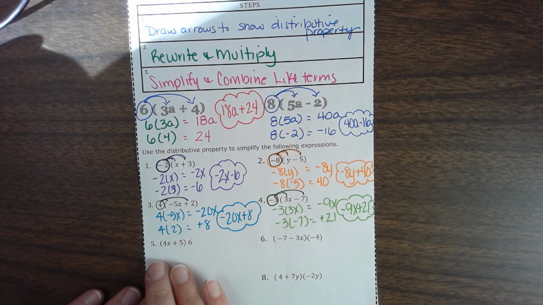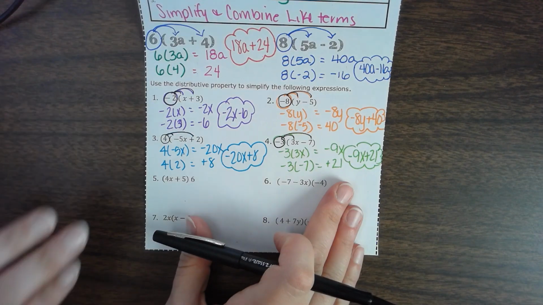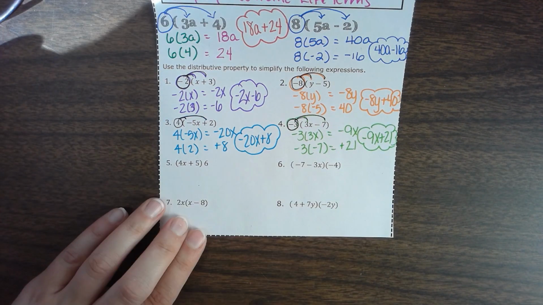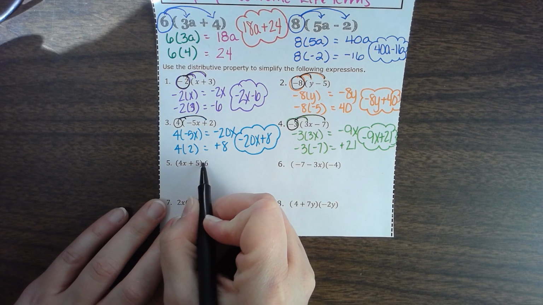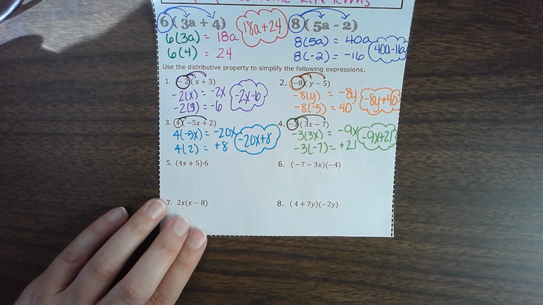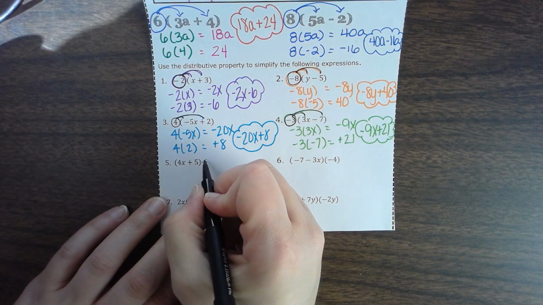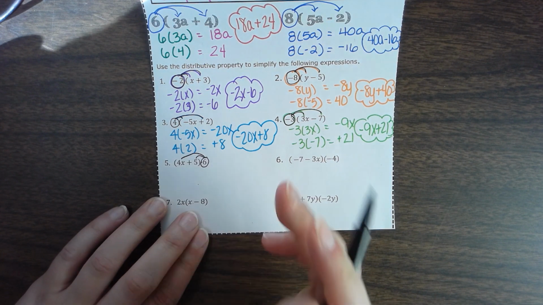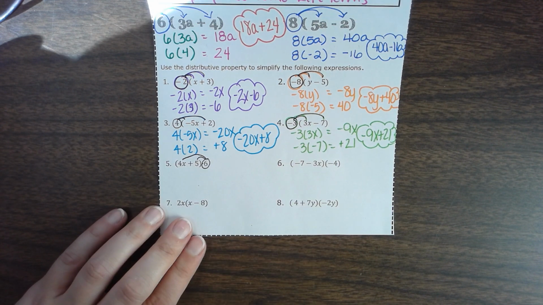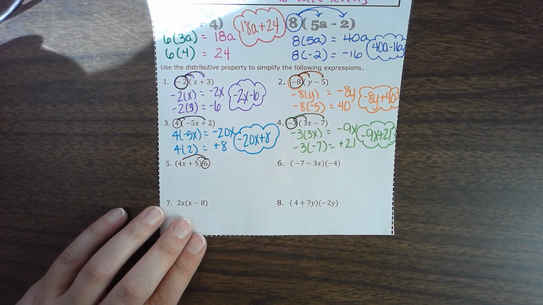Now if you take a look at the next one, it's a little bit different. The number is in the back. It's still distributing. So it's just like instead of Mr. Sherman passing out homework from the front of the room, I'm now passing it out from the back of the room.